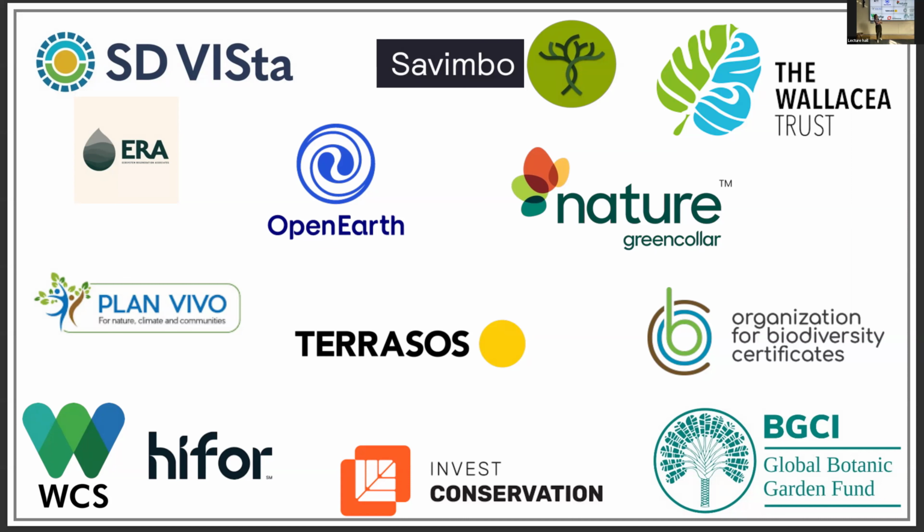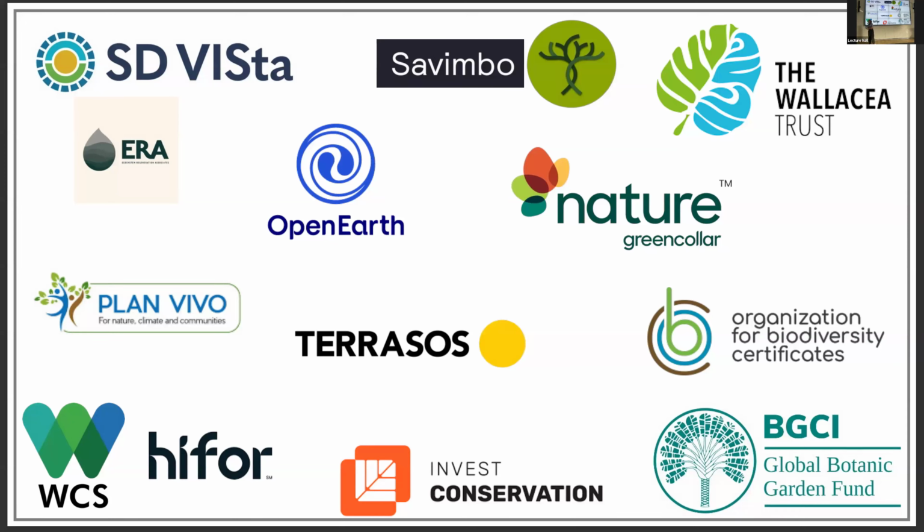These are the companies that, as of August last year, had released full technical white papers explaining in detail how they define and calculate a unit of nature and how they do things like show that it's additional. These are the only ones that we were therefore able to review in detail. There are lots of other companies that we weren't able to review, but most of the big movers in the space are on this slide.